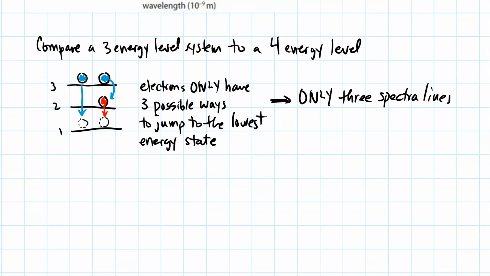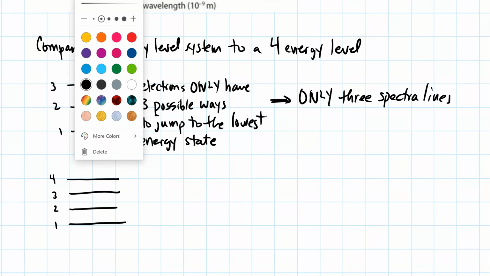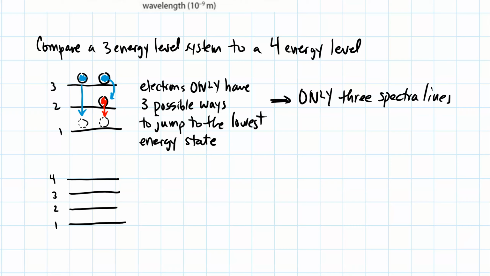Now, if I look at the 4 energy level one, I have 1, 2, 3, 4. Then we can have an atom that does what? I can have an electron that starts here. And how many ways can that guy jump? Well, it could jump to the 3rd level, it could jump to the 2nd, it could jump to the 1st. Now if I pick my 2nd one, how many ways can it jump from the 3rd level?